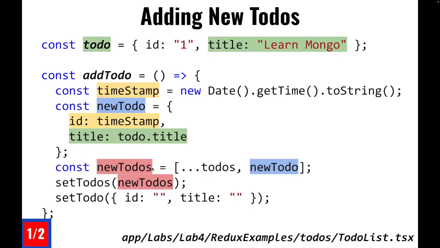Okay, and the new to-dos will be a new array that has all the old to-dos copied in front, and then we'll append the new to-do at the end. Everybody good? Yeah. And then I use setTodos to update to-dos.